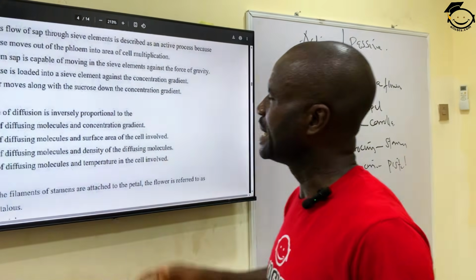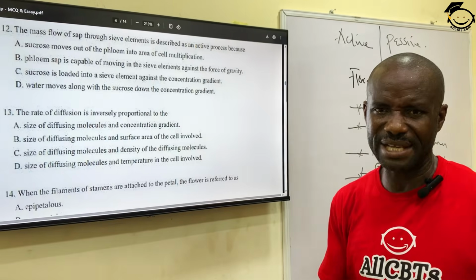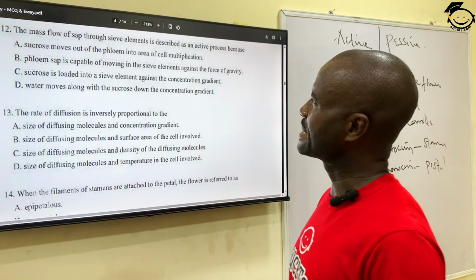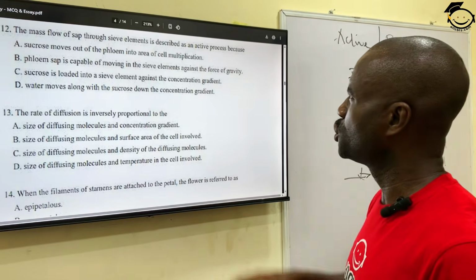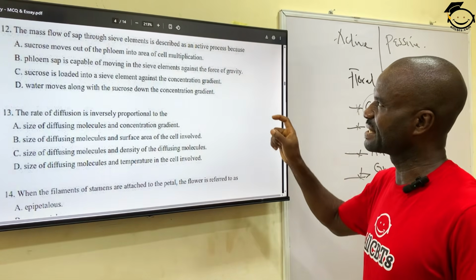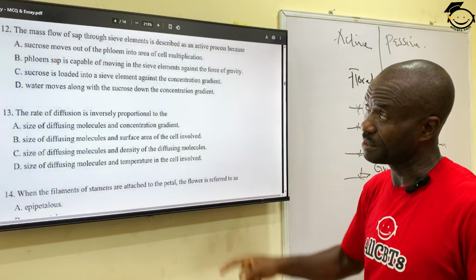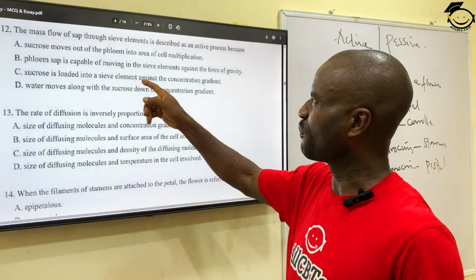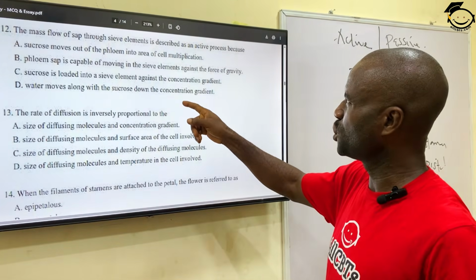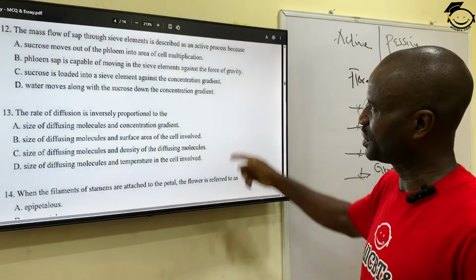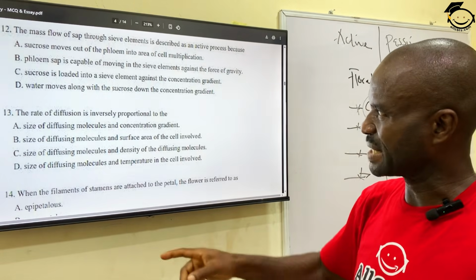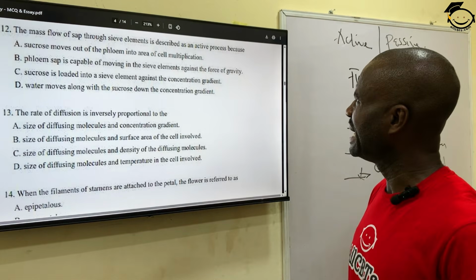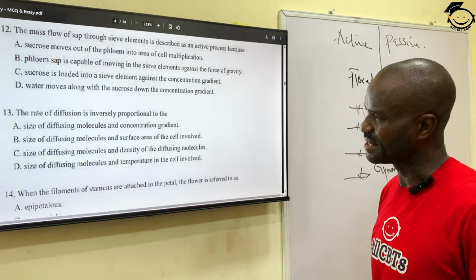It says, the mass flow of sap, of course, you know, cell sap flow from the stem of plants. Is that clear? The mass flow of sap through sieve elements is described as an active process because A, sucrose, that is sugar, moves out of phloem into an area of cell multiplication? No. B, phloem sap is capable of moving in the sieve element against the force of gravity.